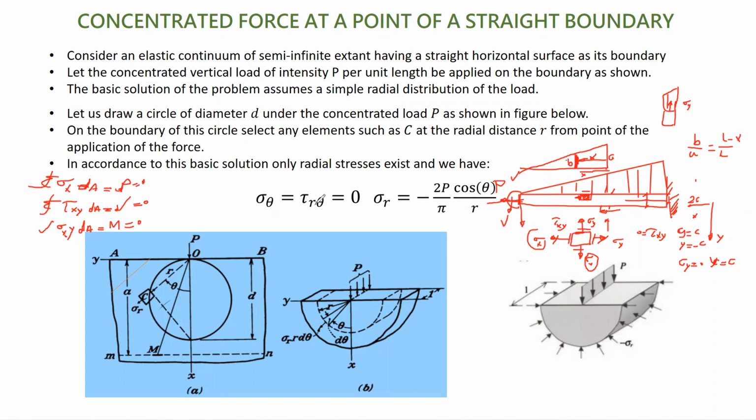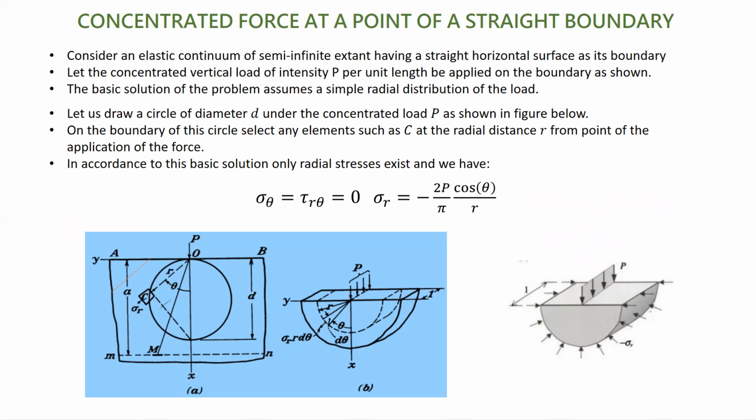If there is a moment here at the end, it is equal to the moment. If not, it is equal to 0. These are the boundary conditions based on the forces and stresses that we need to satisfy. We need to satisfy these, otherwise the solution we obtain satisfies the elasticity equation, but it's not the solution of my problem.